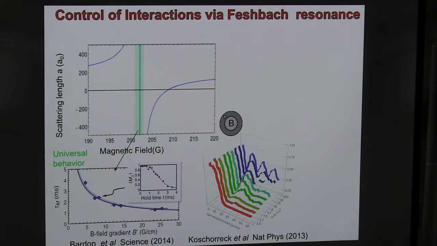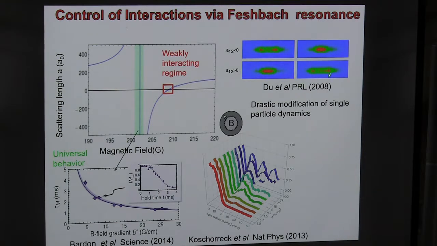But we're going to switch to the less studied regime, that is the weakly interacting regime. Actually, already in 2008, an experiment by John Thomas observed that very close to the zero crossing, just small changes of the tuning generated drastic changes of the behavior of the gas. So this is the regime that we want to study a little bit more.